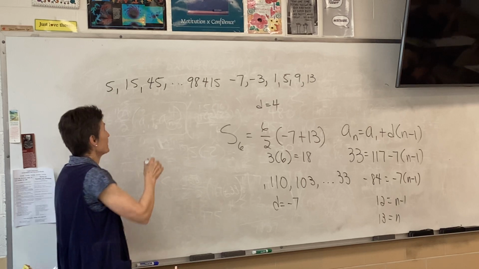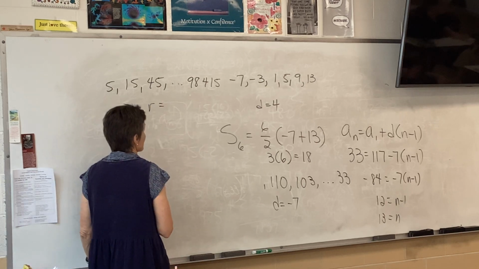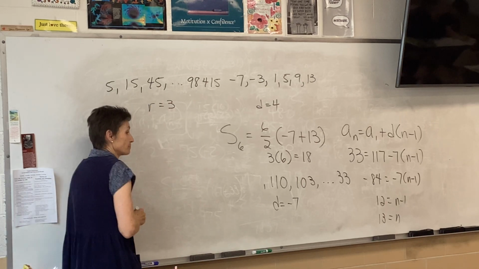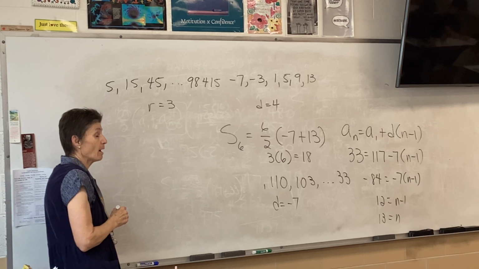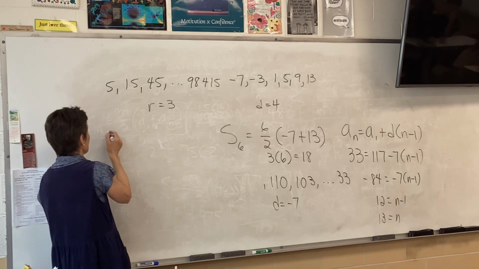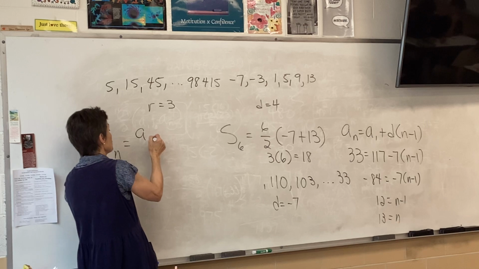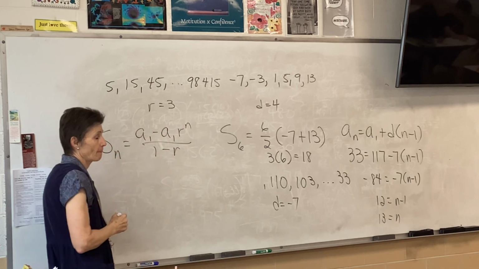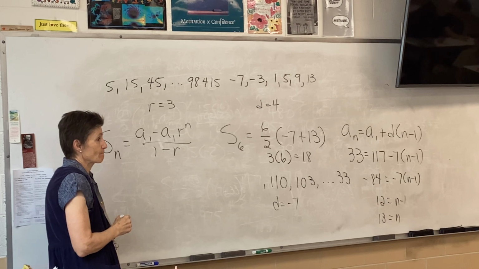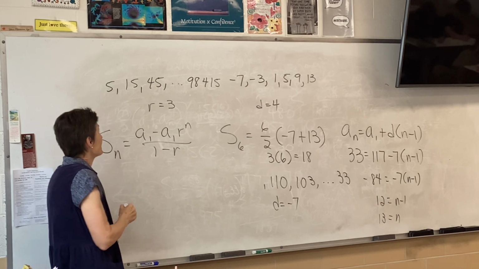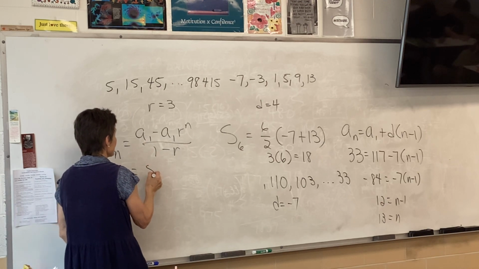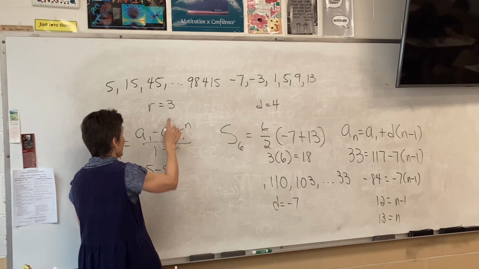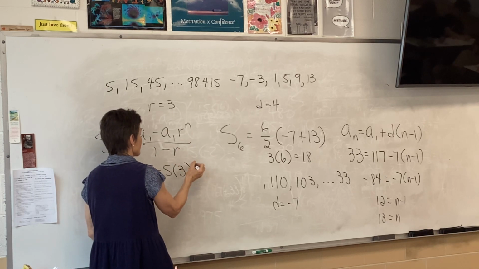It's geometric and the ratio is times 3. Now, because it's geometric, I will be using my geometric sum formula. I know that the first term is 5, and I know the ratio is 3.